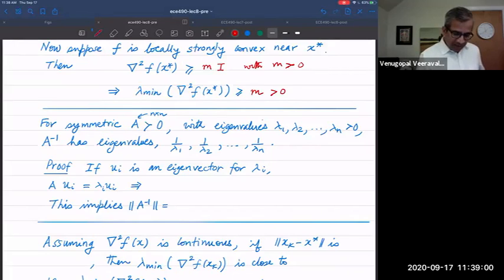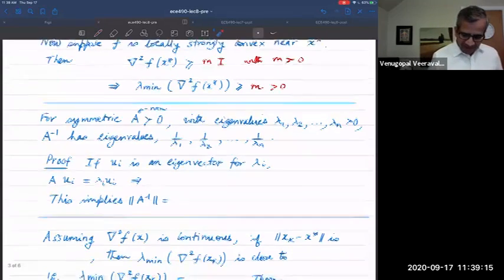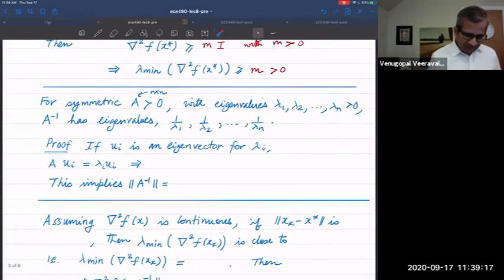It turns out that if I have eigenvalues lambda 1 through lambda n for A, which are all positive because A is positive definite, then A inverse will have eigenvalues 1 over lambda 1, 1 over lambda 2, and so on. And the proof is identical, in steps, to the proof that we gave for the square of a matrix.